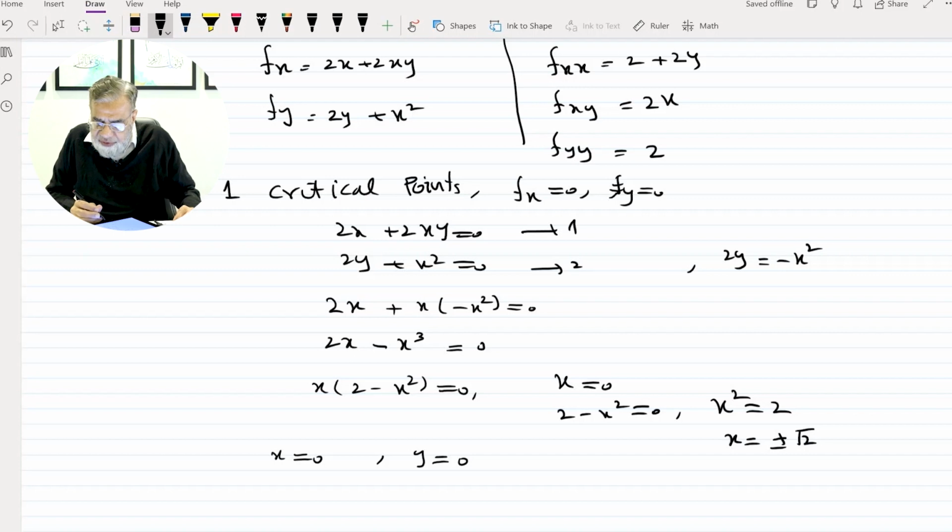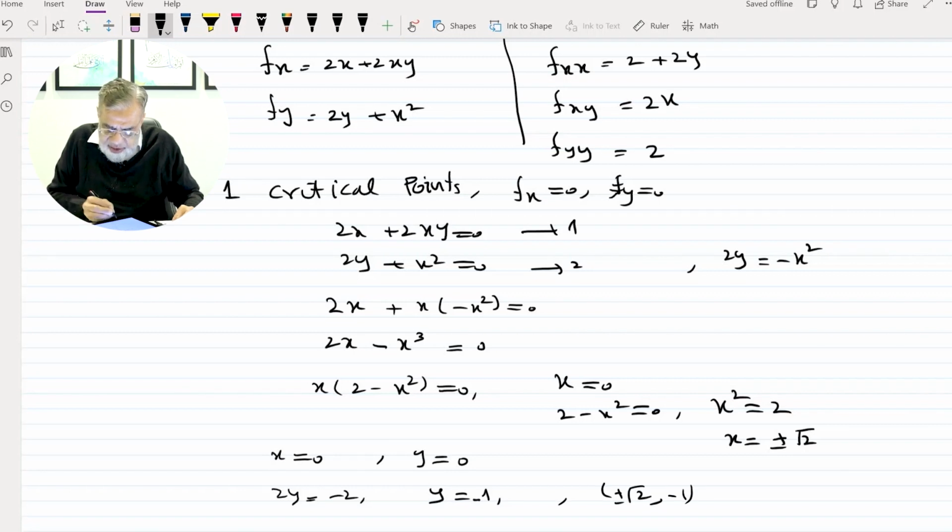And taking x square equal to 2, we get 2y is equal to minus 2, which gives me y equal to minus 1. So we get the points plus minus root of 2 and minus 1, because here we substitute the value of x equal to plus minus root of 2 and then we just solve it.